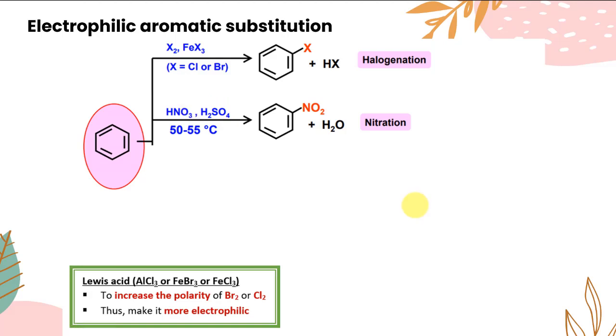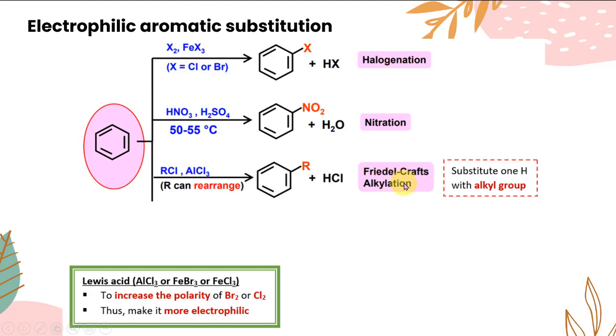Right, so next we have the Friedel-Crafts alkylation. Pay attention to the spelling of Friedel-Crafts alkylation, including the dash and the S. Alkylation refers to when we substitute one of the hydrogens directly on the benzene with an alkyl group. The reagents and conditions include a haloalkane, RCl, in the presence of a Lewis acid, AlCl3.